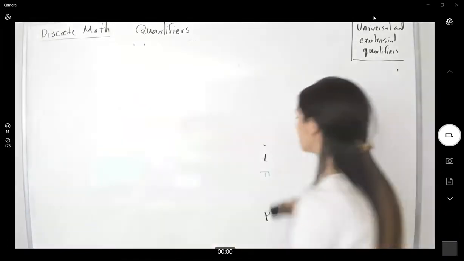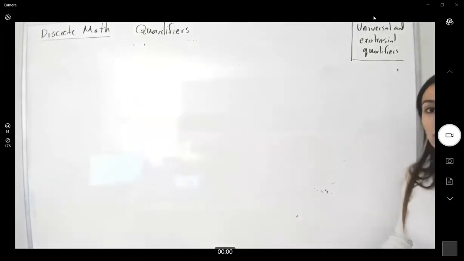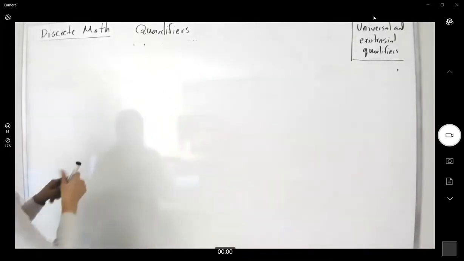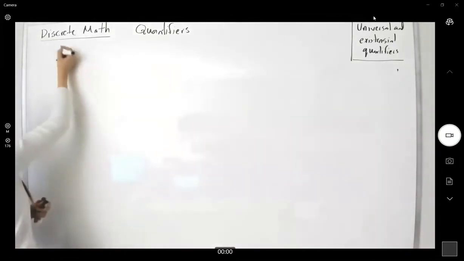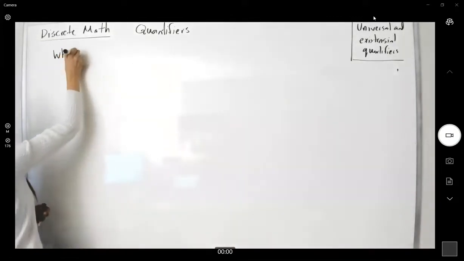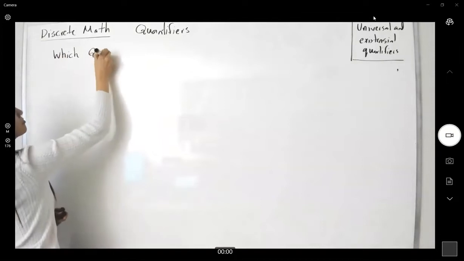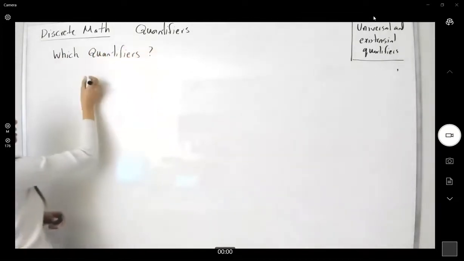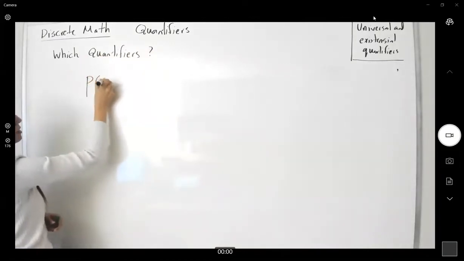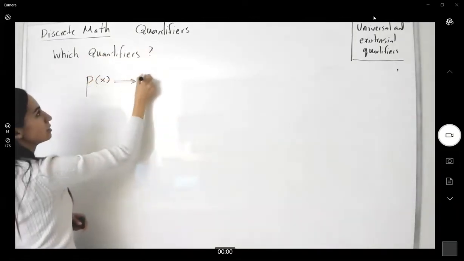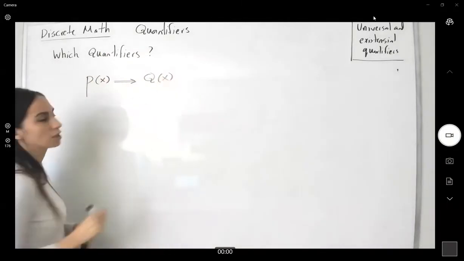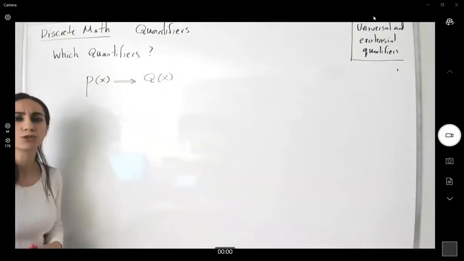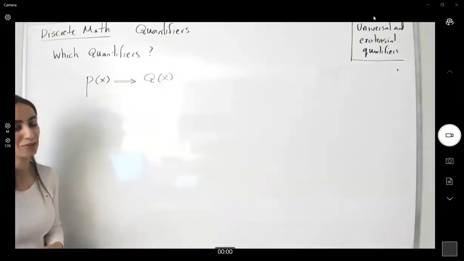What if we have inverse, converse, contrapositive? So which quantifiers? If you have Px implies Qx, what are you going to use? You're going to use a universal or you're going to use an existential quantifier.